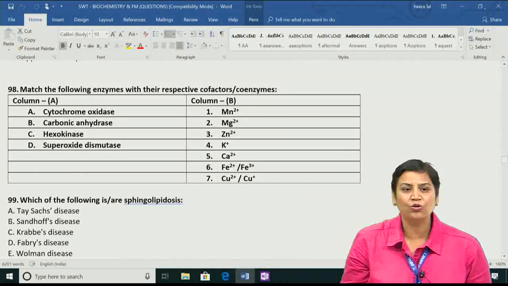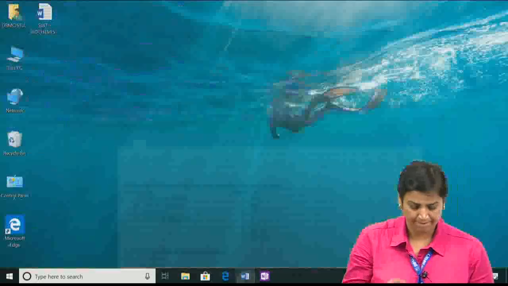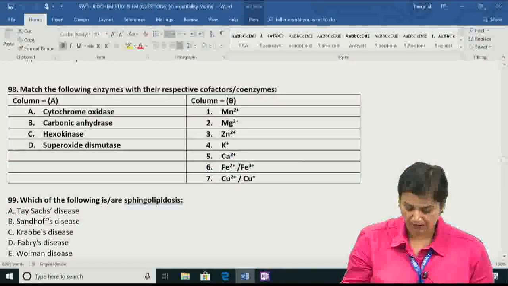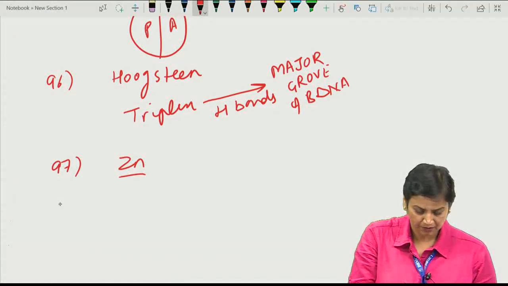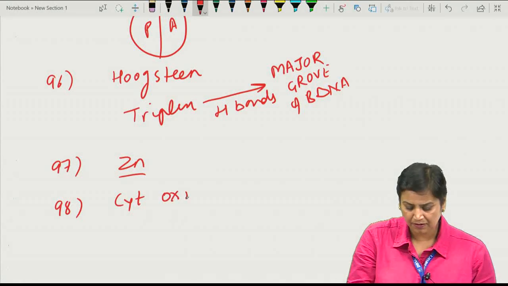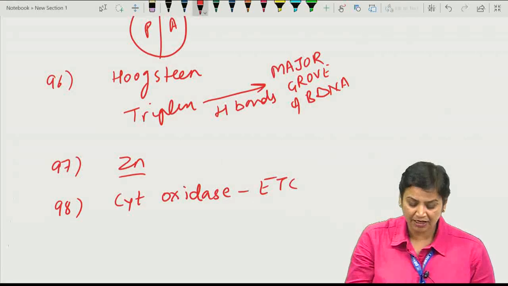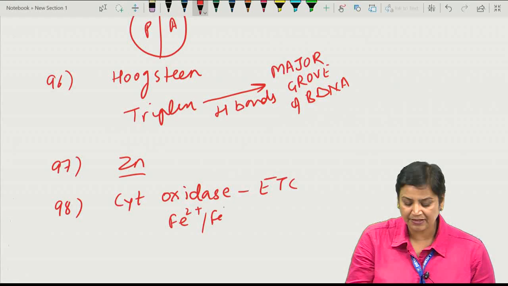Now see, cytochrome oxidase is an enzyme of the ETC, and it requires iron as well as copper for its function.